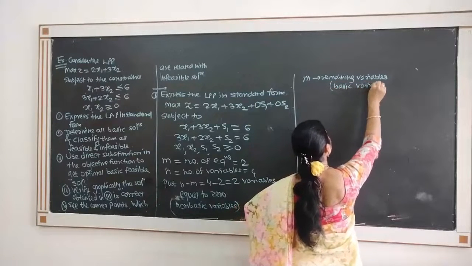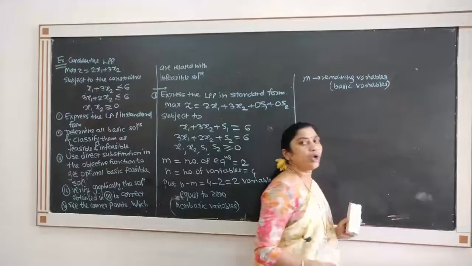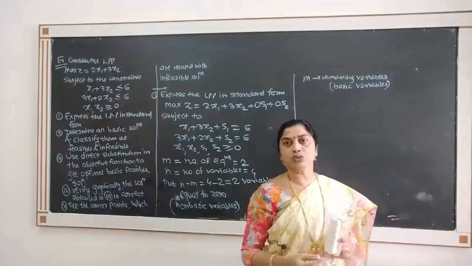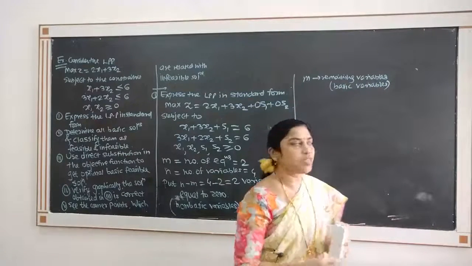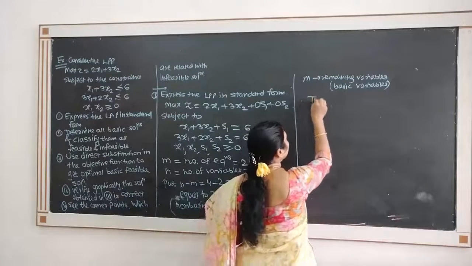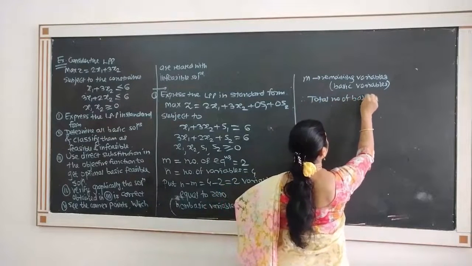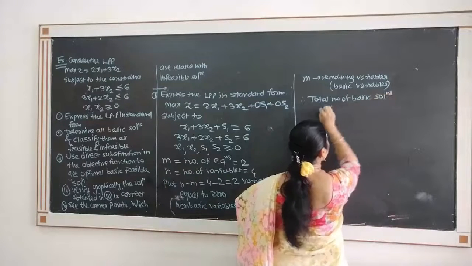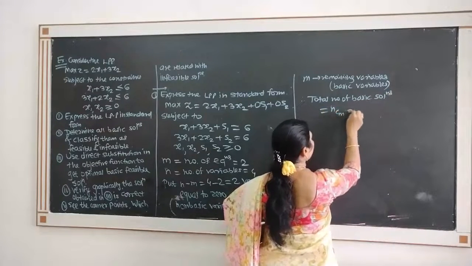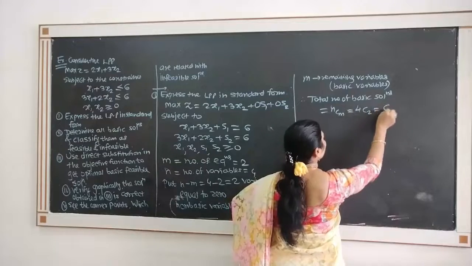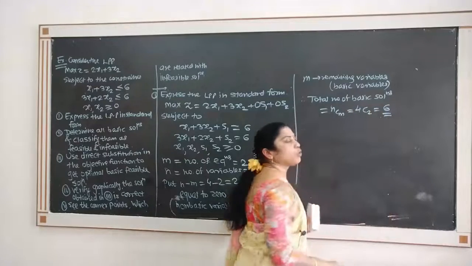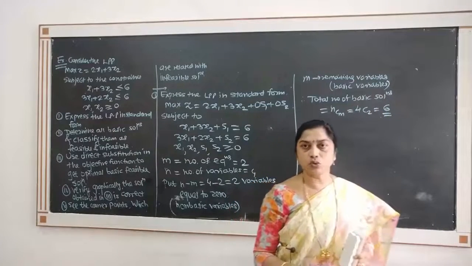Now how many basic solutions are possible? The total number of basic solutions is nCm, that is 4C2, which comes to 6. So there are totally 6 basic solutions.